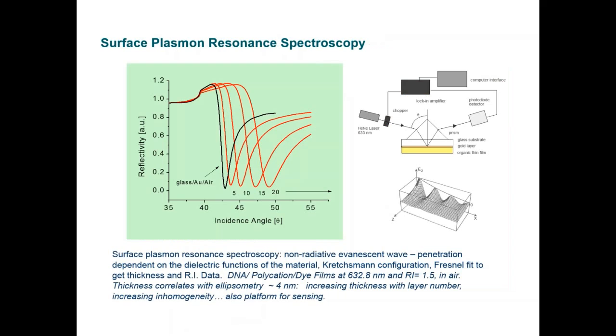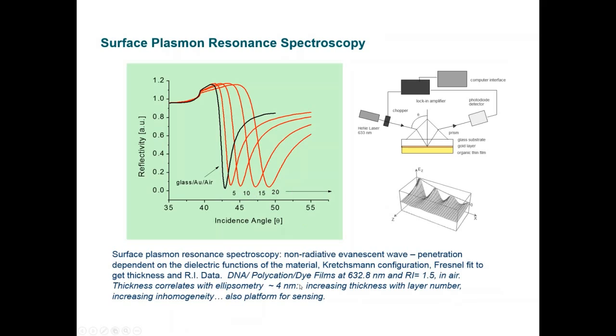We monitored it using surface plasmon resonance spectroscopy. The layer-by-layer adsorption can be seen as a shift in the reflectivity angular scan. So here, from 5, 10, 15, 20 layers, we can measure the exact thin film thickness and refractive index.